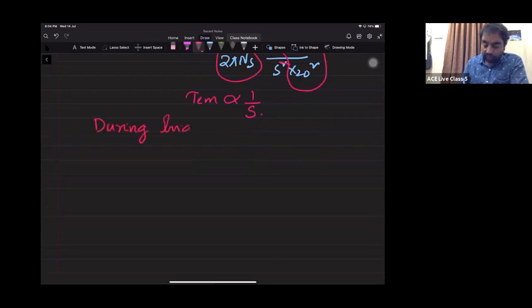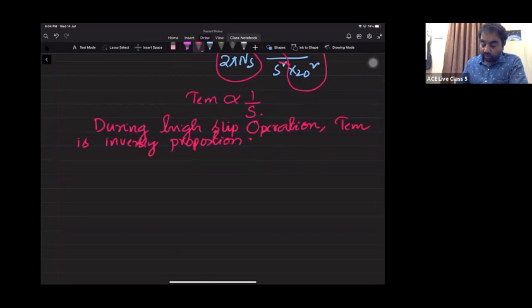So during high slip operation, electromagnetic torque is inversely proportional to the slip.